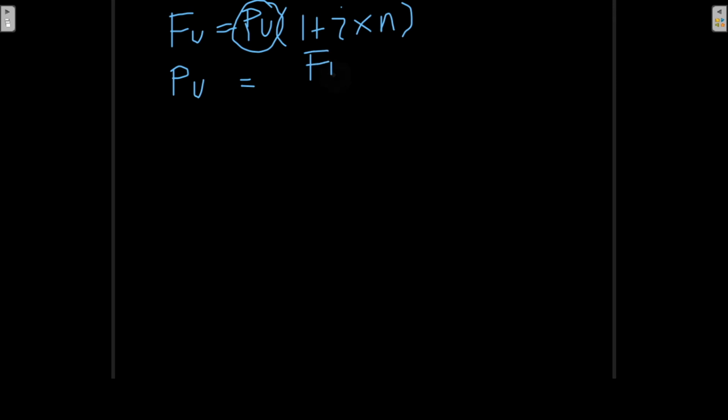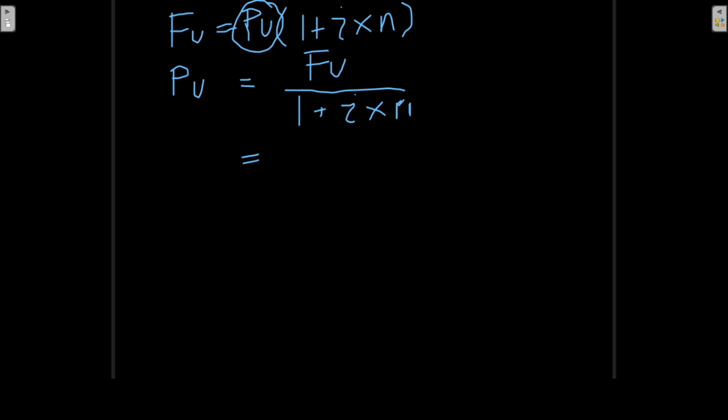So the future value is the present value times 1 plus I times n. Now we have the future value and we would like to get the present value. So the present value is equal to the future value divided by 1 plus I times n.